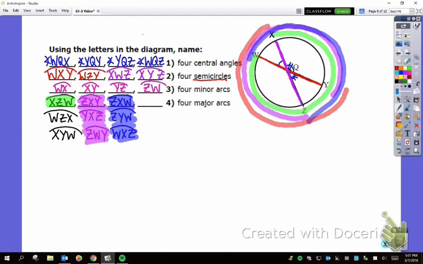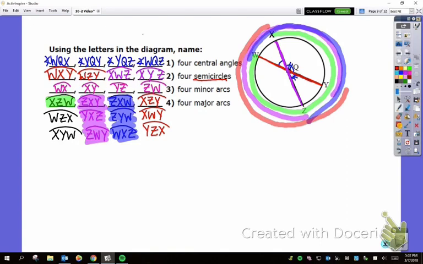So let's call that one XZY. We could also call that XWY, or we could go backwards and say that it was YZX. So remember, major arcs have lots of options.